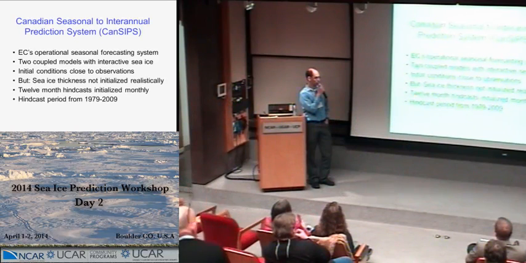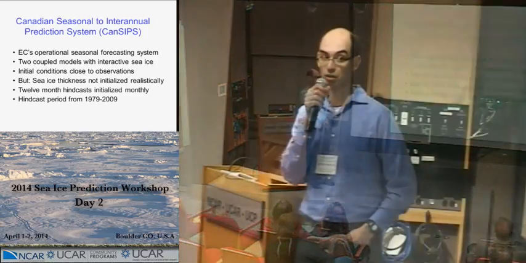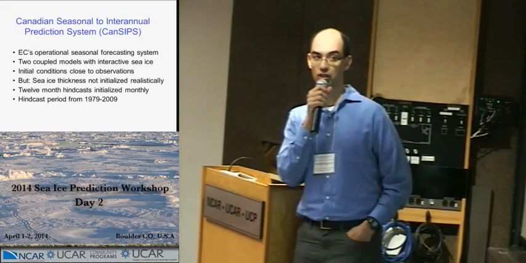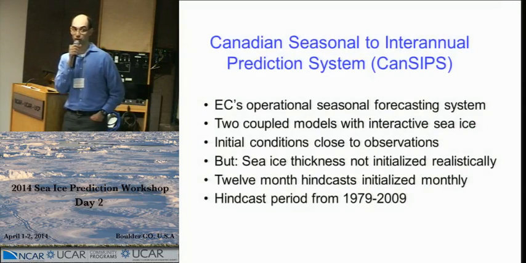The initial conditions obviously are close to observations, and they were obtained by the so-called assimilation simulations, in which we nudge the sea ice concentration, the atmosphere, and the ocean to observational products.